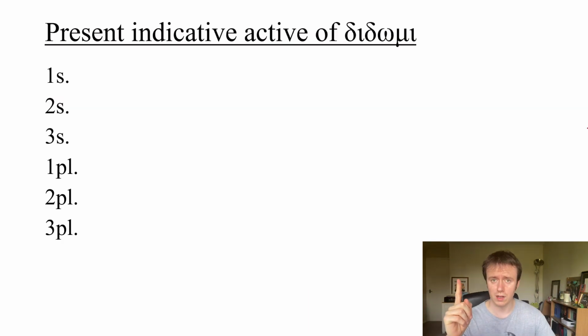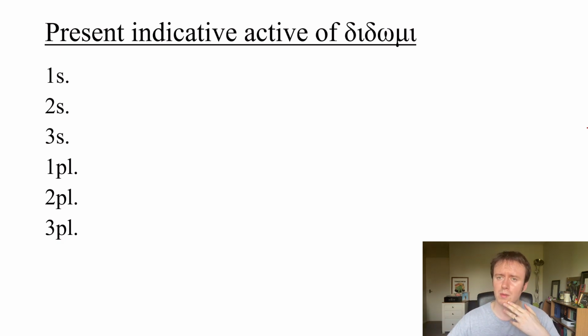Okay, before exercise 4, I would like to remind you that I have also introduced you to the 6 forms of didomi in the present indicative active. And I would hope that you remember these different forms of didomi. This is the only verb that ends in mi, the only mi verb that I have introduced so far, because I'll cover those at a later stage in more depth. But didomi is a very important one because it's the verb to give.